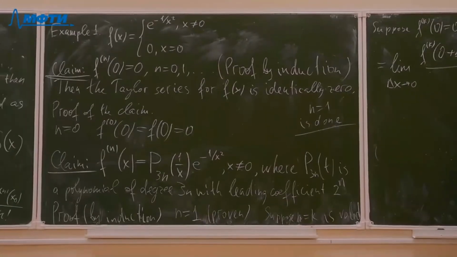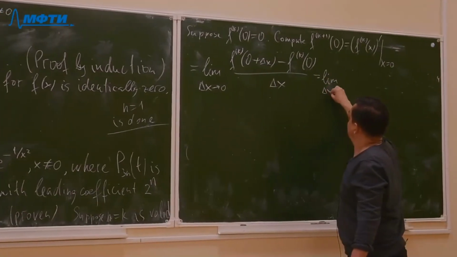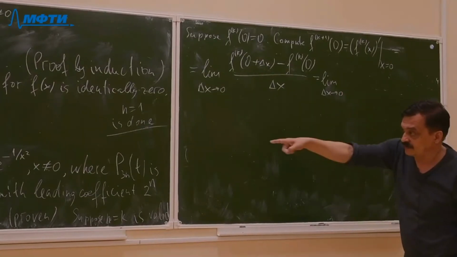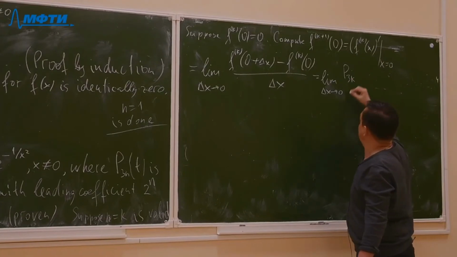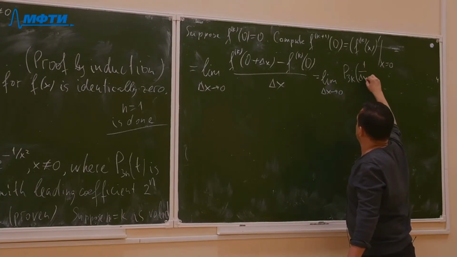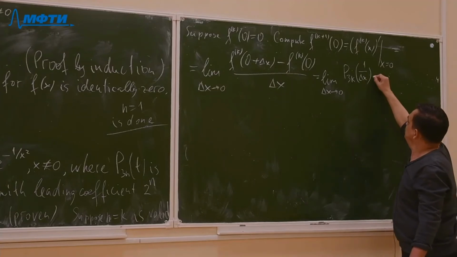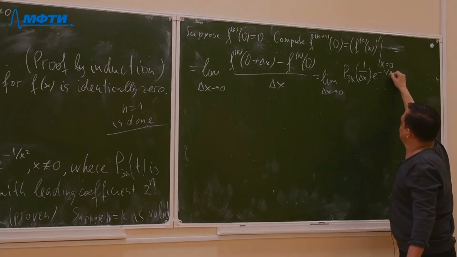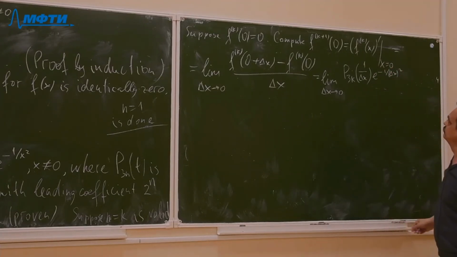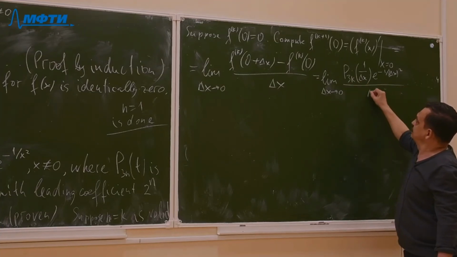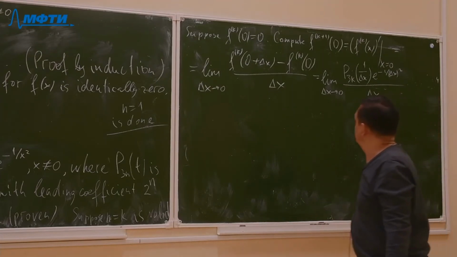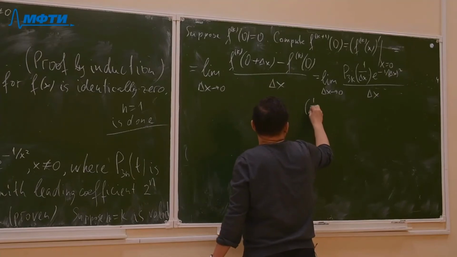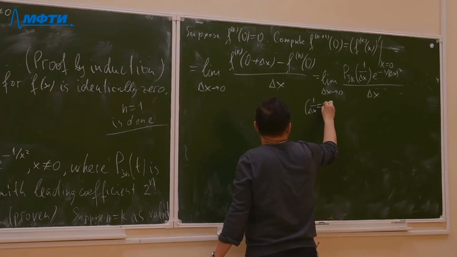So, I have the limit as delta x tends to 0. Substitute the polynomial of degree 3k at 1 over delta x times e to the power minus 1 over delta x squared, over delta x. Okay, once again, like we did before, denote 1 over delta x by t.